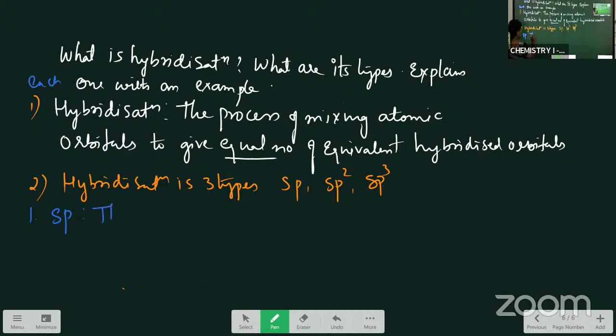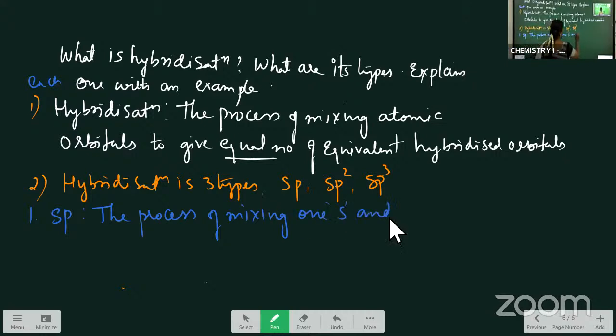The process of mixing. तो क्या क्या ऑर्बिटल्स है? एक s ऑर्बिटल, एक p ऑर्बिटल. Mixing 1s and 1p orbitals.